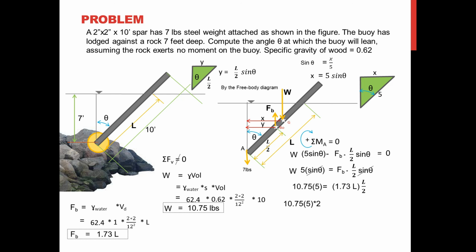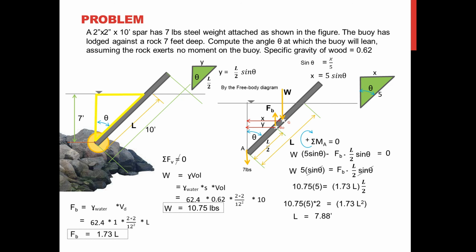So we multiply 10.75 by 5. 2 came from the cross multiplication of L over 2 from the right portion. So in here, your L will be doubled. Your L will be squared. So therefore, L will be equal to 7.88 by manipulating that equation.